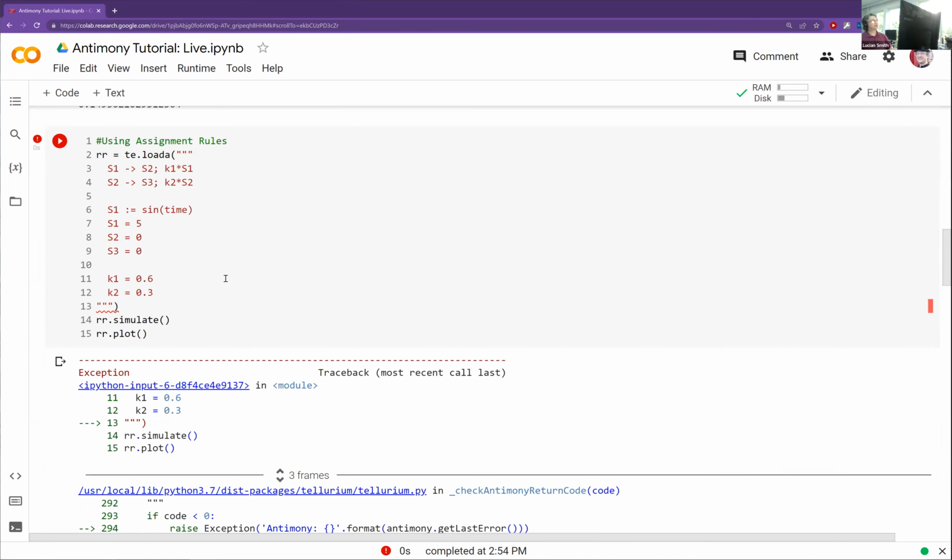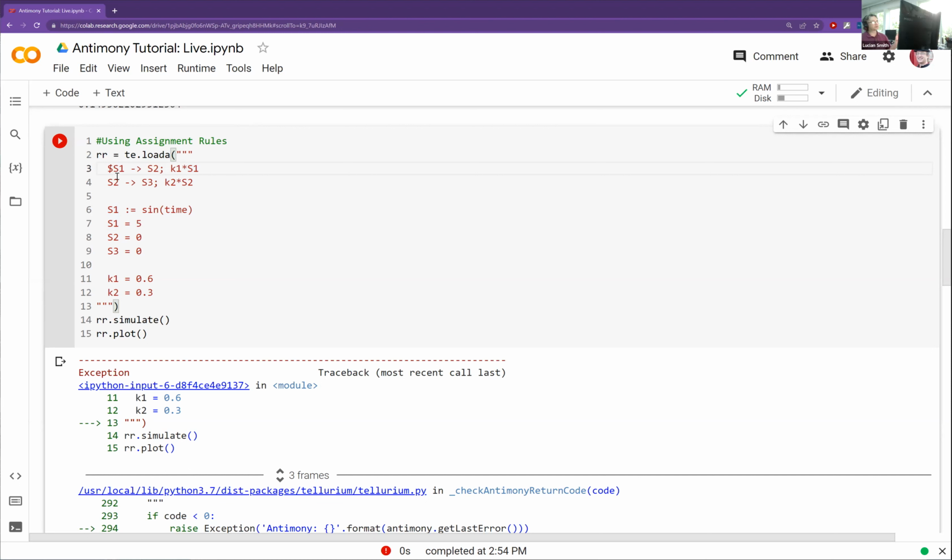It doesn't like that because now I've told Antimony, or SBML and the simulator, that S1 is changing in 2 different ways. I've told it that S1 is changing as the sine of time, and also that it is being consumed by this reaction, and it can't do both at once. A quick way to change that in Antimony is to set S1 as a boundary species.